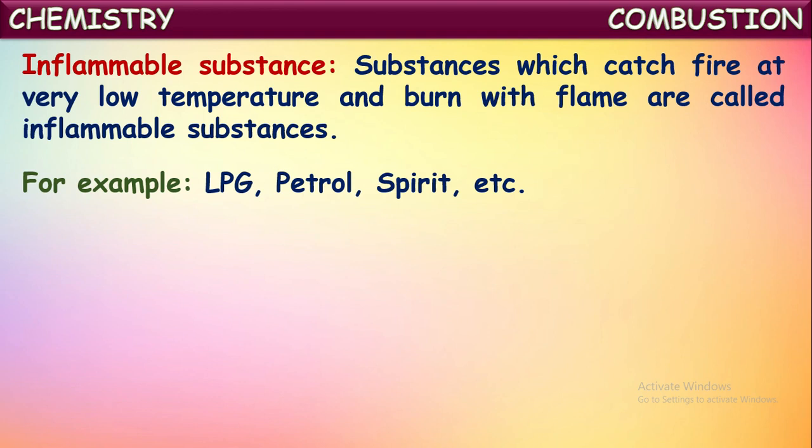For example, LPG, liquefied petroleum gas, which we use at homes for our domestic purposes like cooking, and petrol, spirit, and some other organic substances. They are said to be inflammable, meaning they catch fire at very low temperatures and burn with flames, and they may cause explosions too. These substances are called inflammable substances.